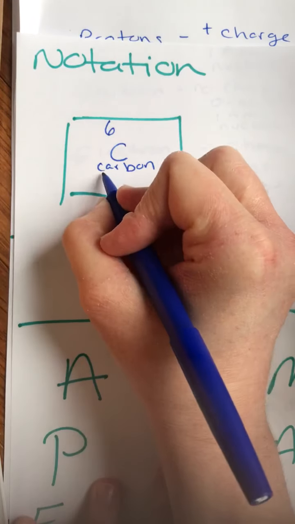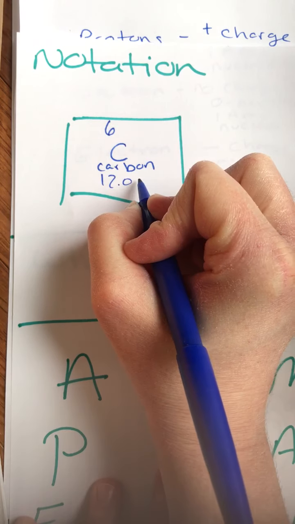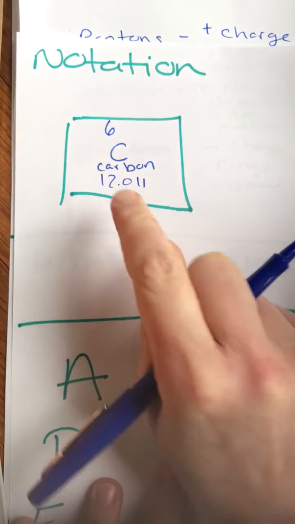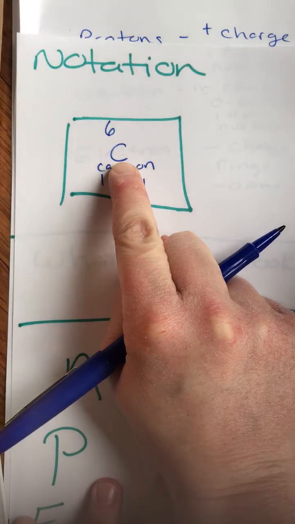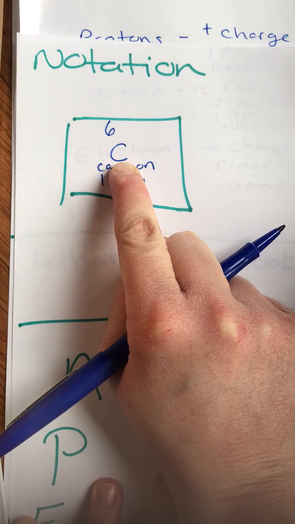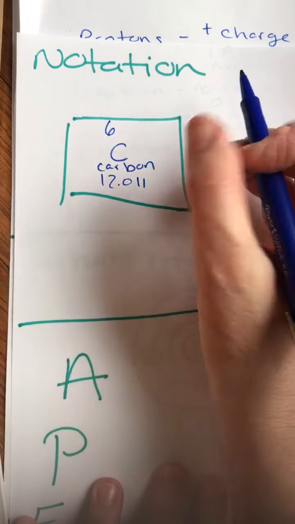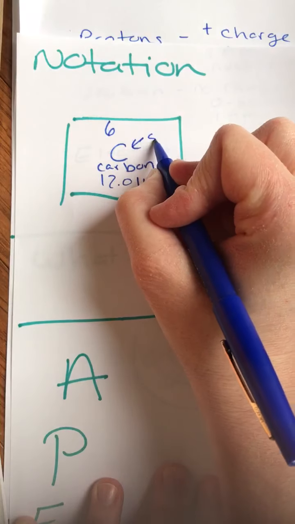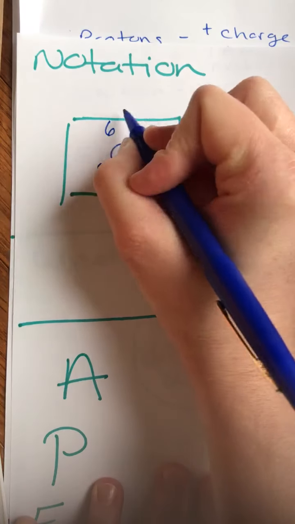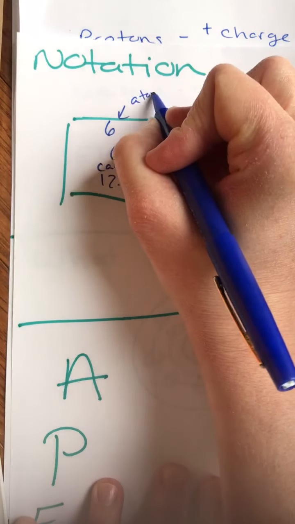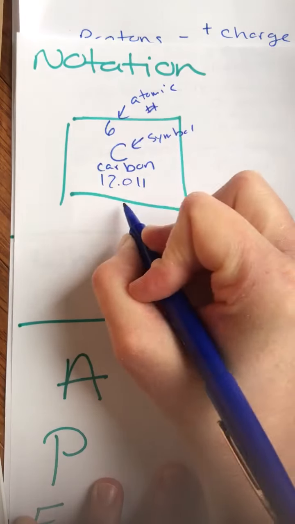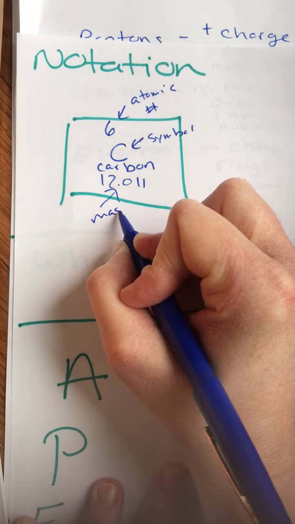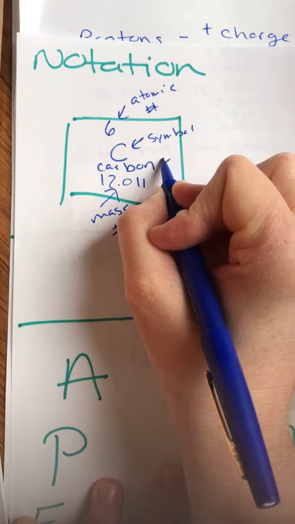So you have your symbol here, and we did a lot of these in catalysts and exit tickets. So we have our symbol, this was the atomic number, down here was your mass number, and of course that was the name.